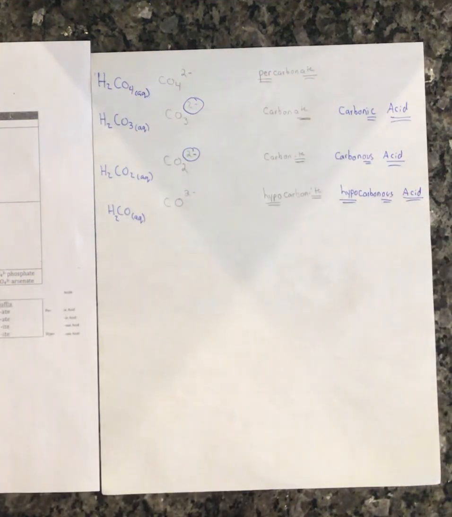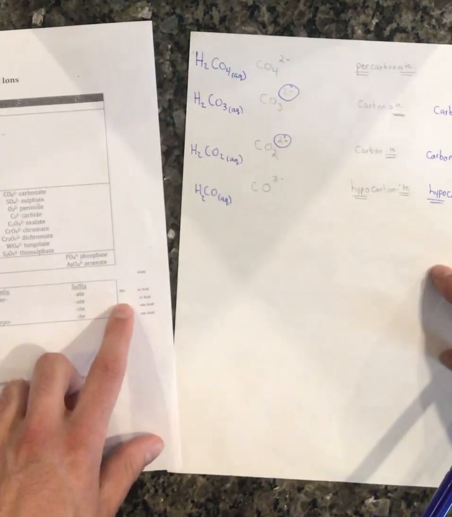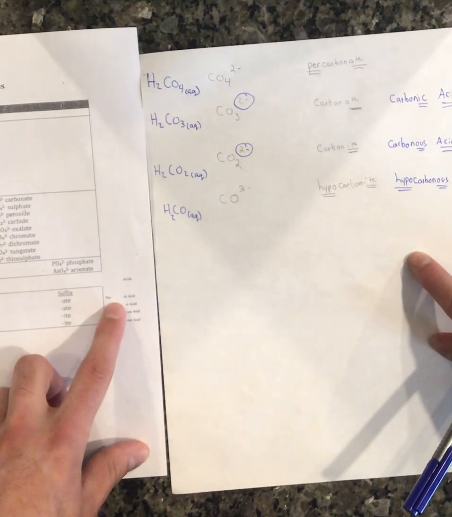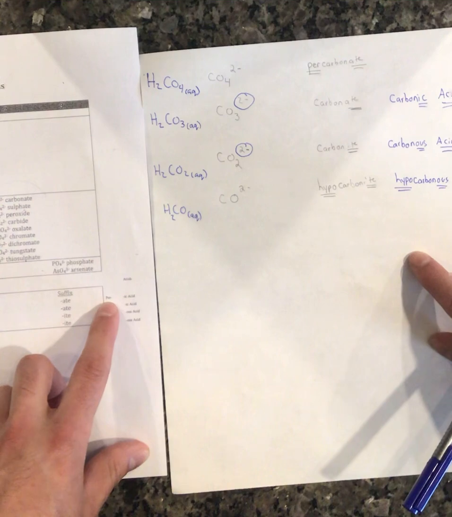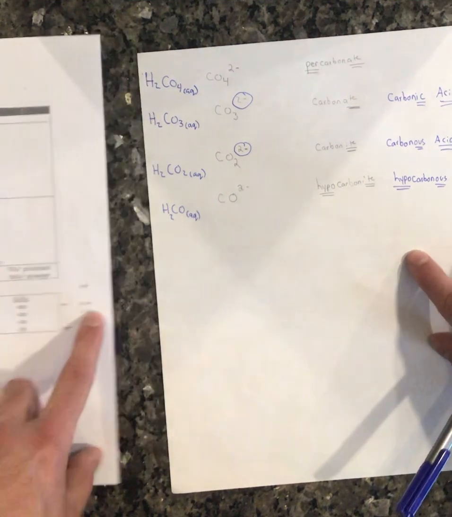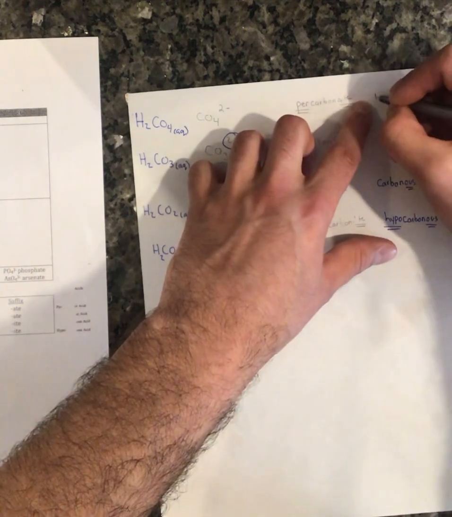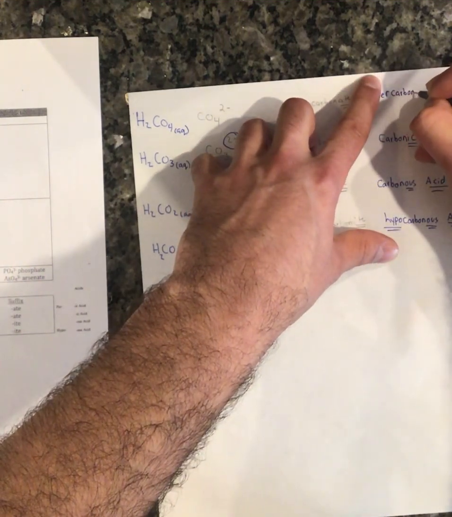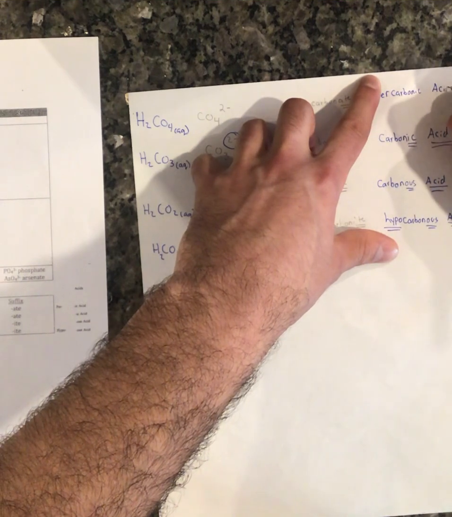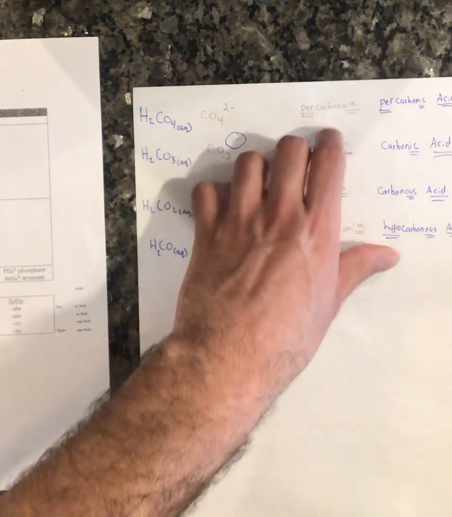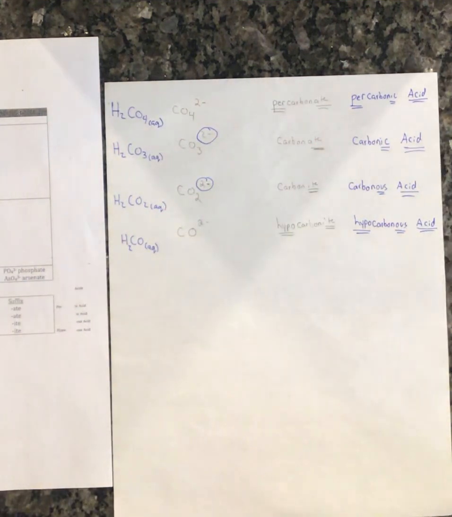And whatever I'm underlining, that's actually what we have here. And now let's do the last one, which is 1 more oxygen. This one starts with per, but it has the IC acid. So we have per, carbonic acid. So acid, IC, and PER, and that's our naming there.